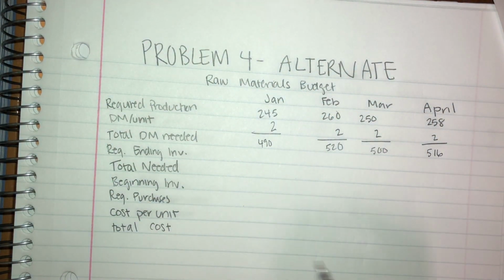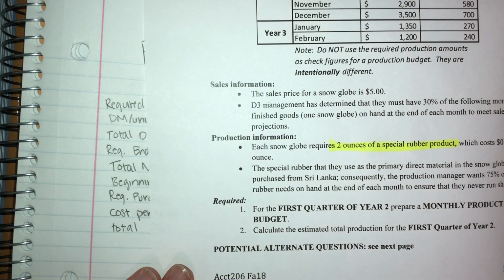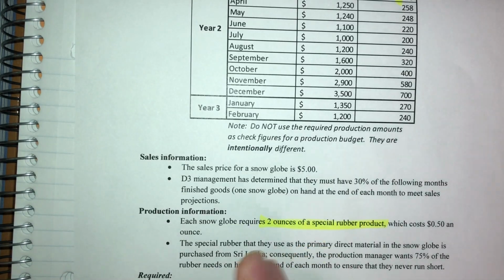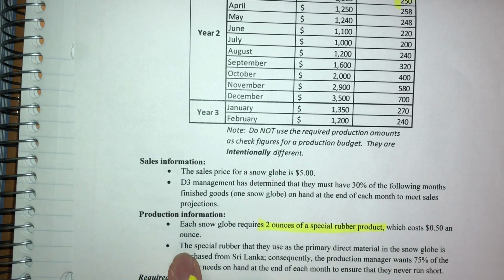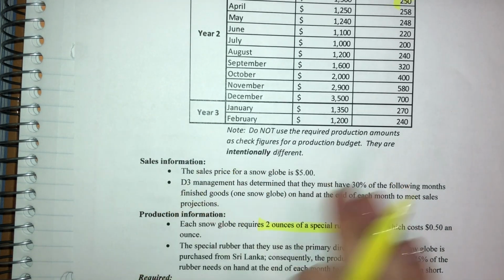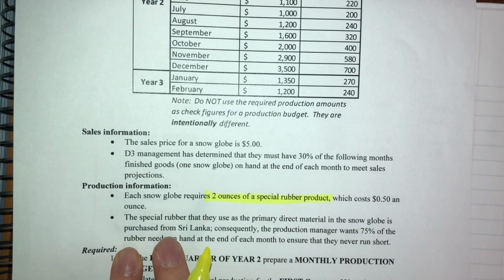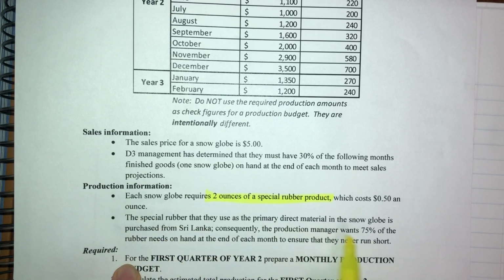Okay, and so required ending inventory, we've been working a lot with our arrows, so we know that for required ending inventory, we need to determine how much we need from the following month. So it looks like this is a little bit different. In our previous problem, we dealt with this up here, but this time we're going to deal down here, and it says that the special rubber that they use is purchased from Sri Lanka.